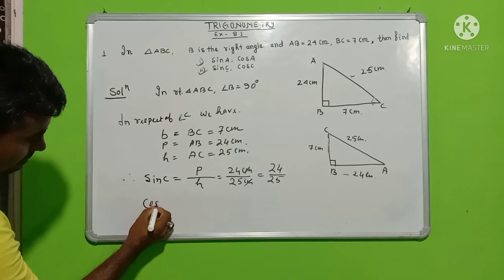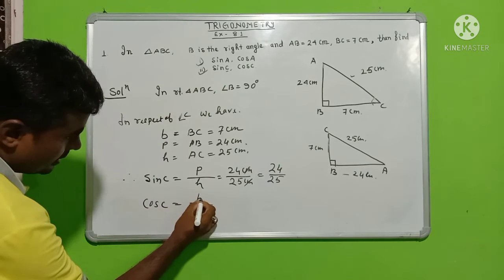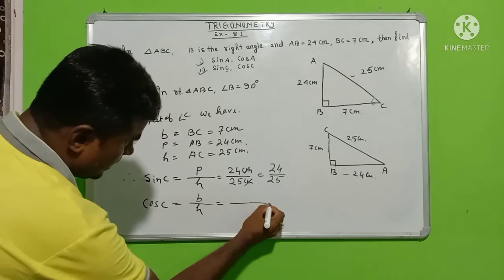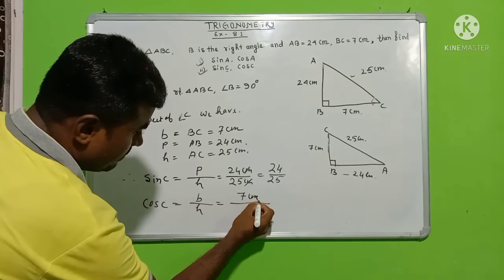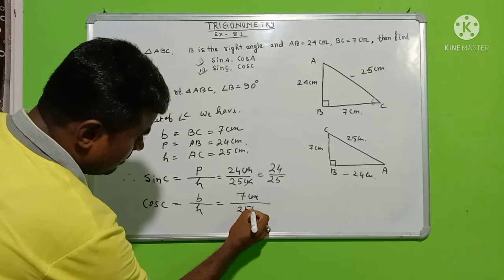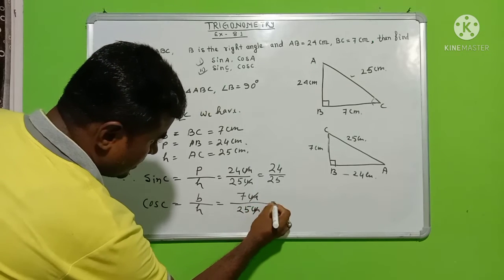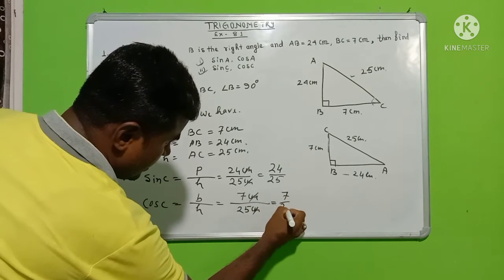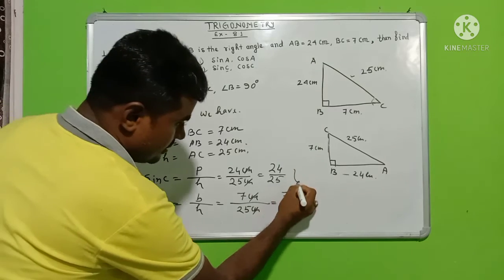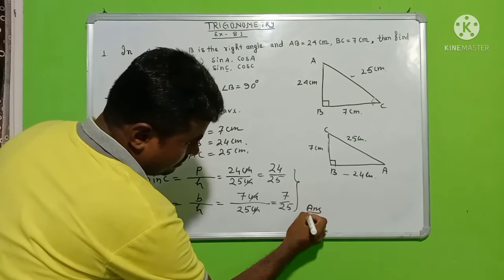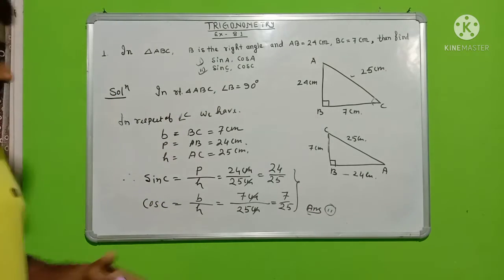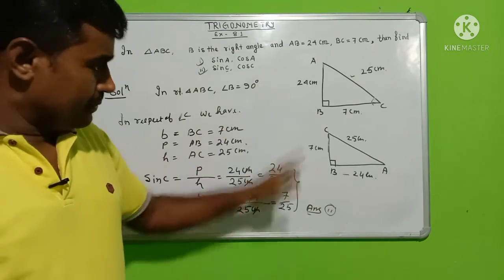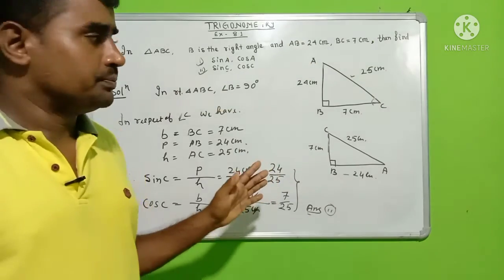And cos C equal to B by H, that is B is 7 centimeter and H is 25 centimeter. Centimeter cancel, 7 by 25. So this is the answer of 2. In this way we can solve this question.